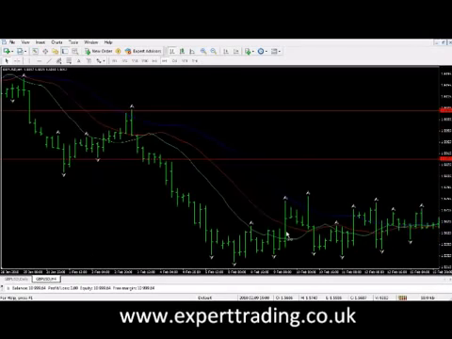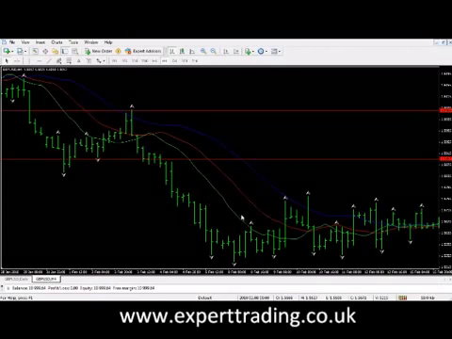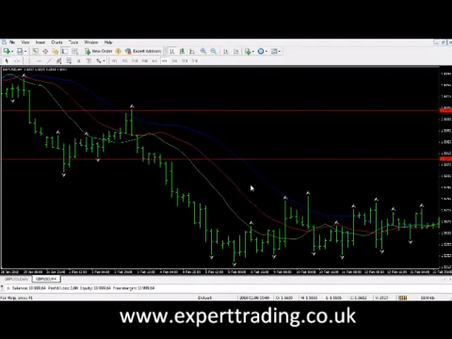And then generally, if we see about 4 or 5 up fractals, before a move's ended, we tend to exit the trade. Because we don't want to stay in here forever, because it could move back up and all our hard-earned pips could be lost.